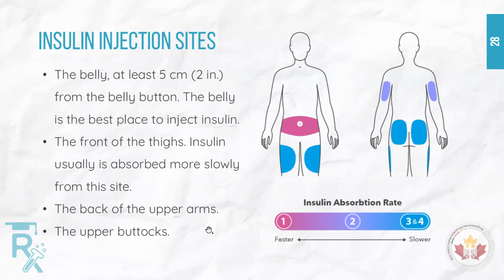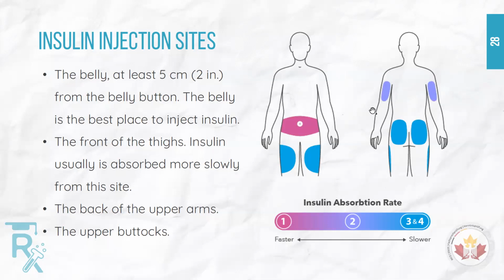Also, the outer thigh is another preferred option for the patient. The patient can also use the subcutaneous tissue on the buttocks. However, abdomen is the most preferred one, then the outer thigh. And the back of the upper arm too.